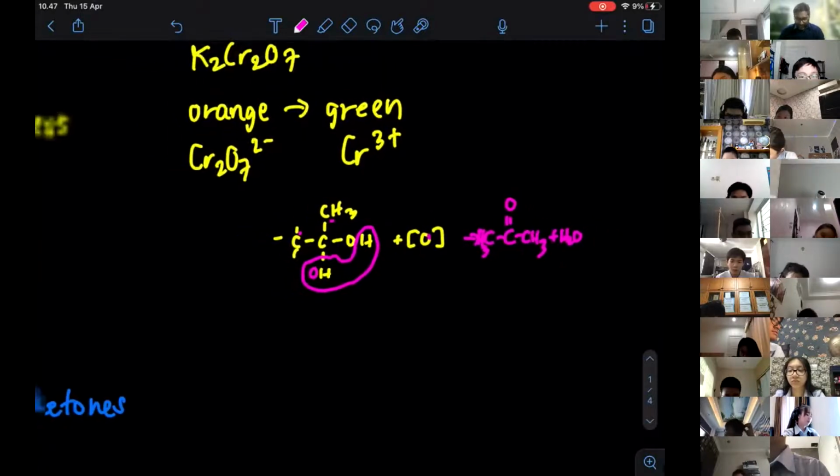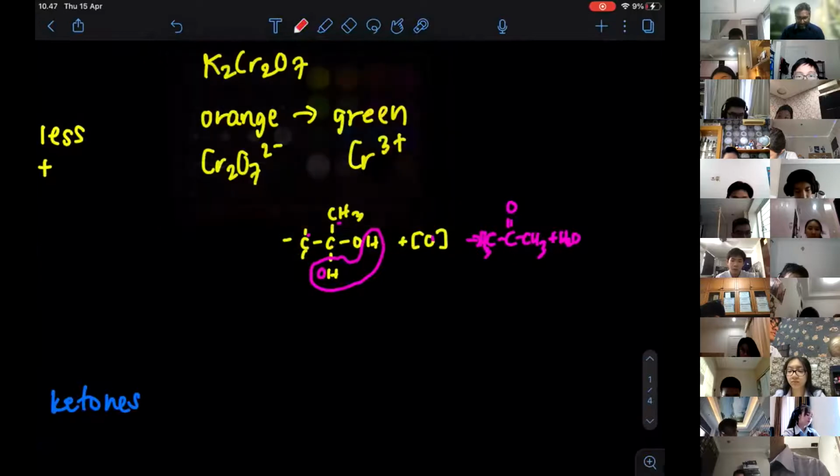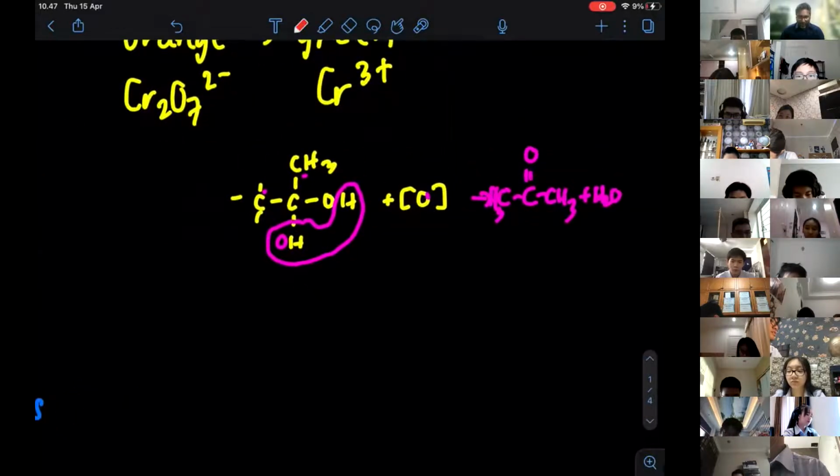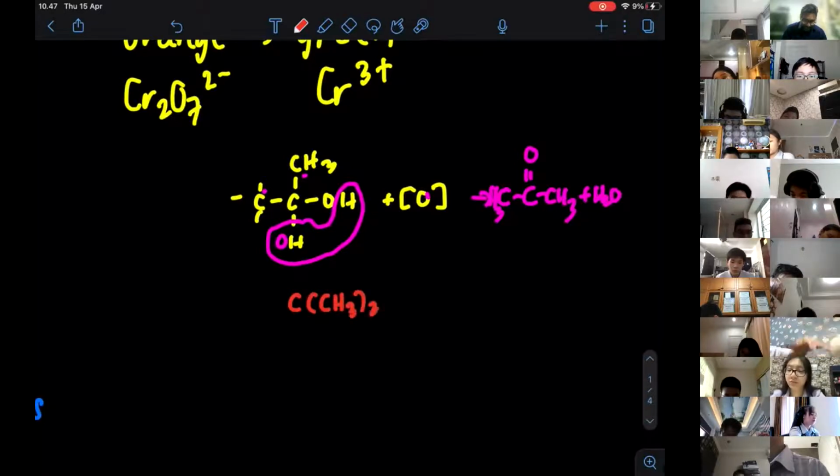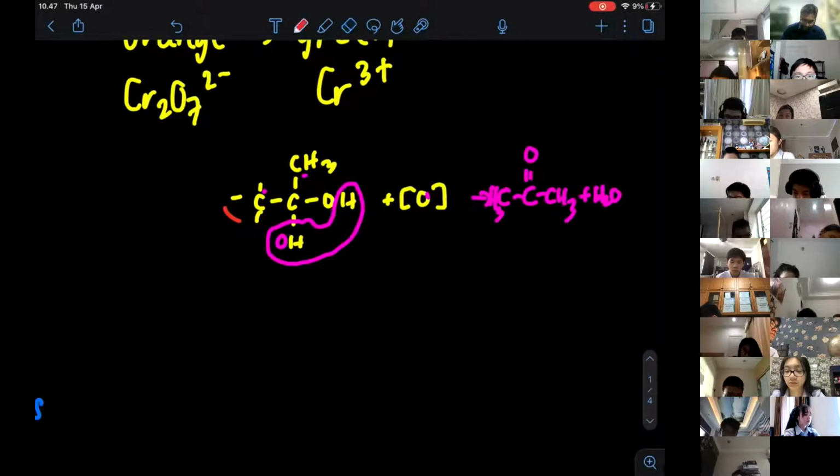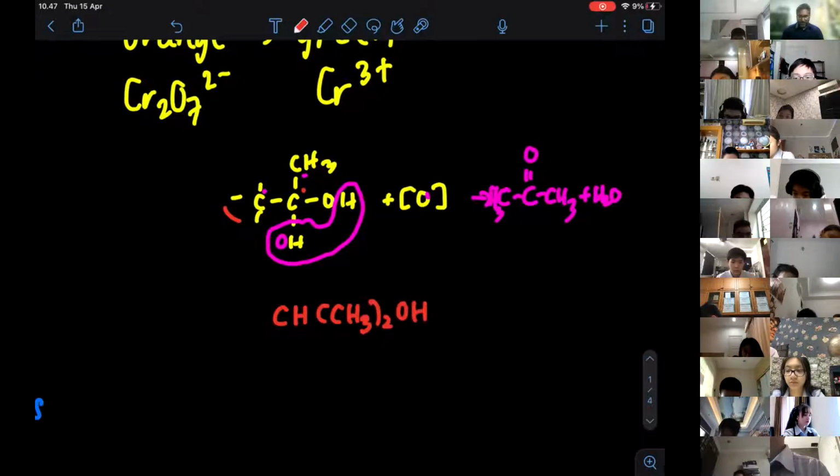So in simple terms, is there a way to write it down? Yes, you can write it down because I want a secondary alcohol. The secondary alcohol is carbon with CH3, CH3 and OH, and there is one hydrogen on the carbon.